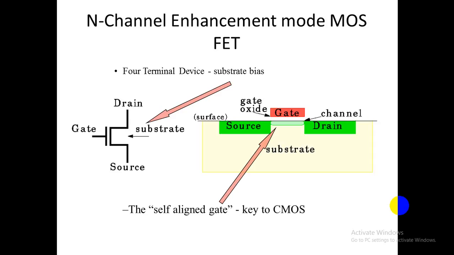As we increase the gate voltage VGS, the channel slowly starts to form, and current starts to flow from the source to the drain. This voltage is called the threshold voltage.